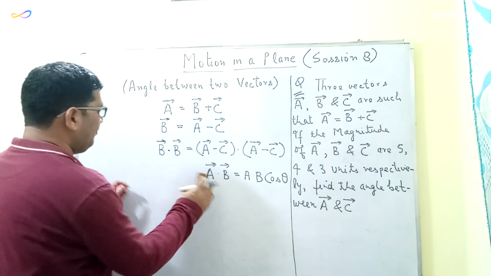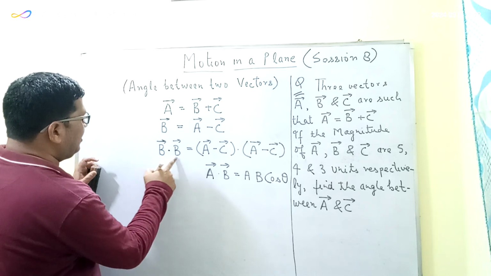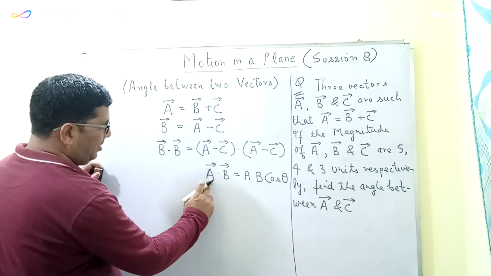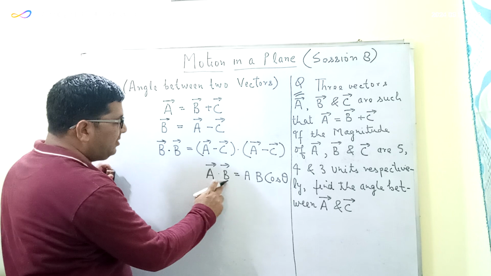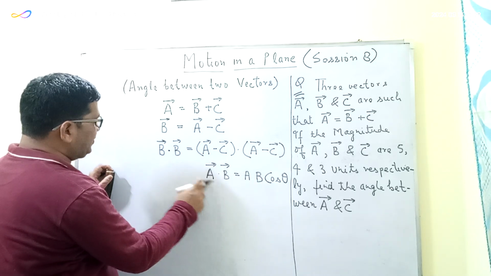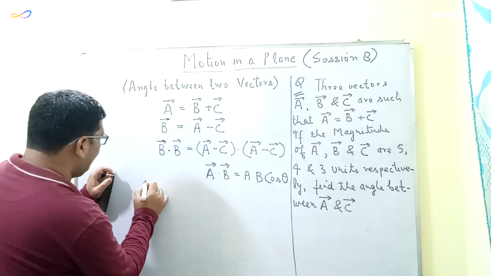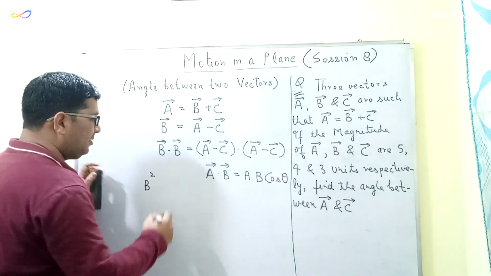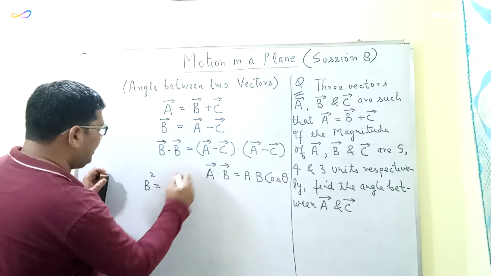By using this formula, vector A dot vector B is equal to AB cos theta. So vector B dot vector B will be equal to B square, because here theta is equal to 0, so cos theta is equal to 1.